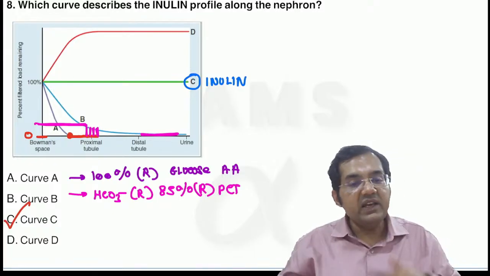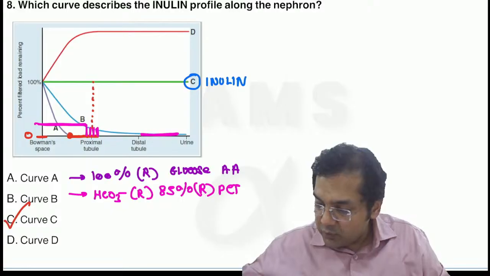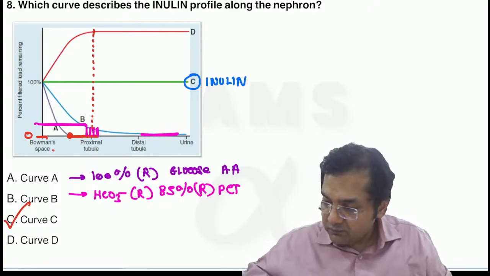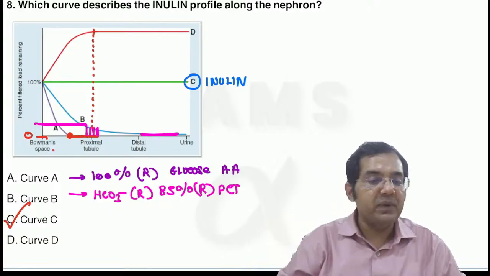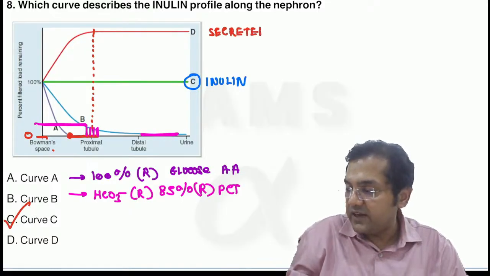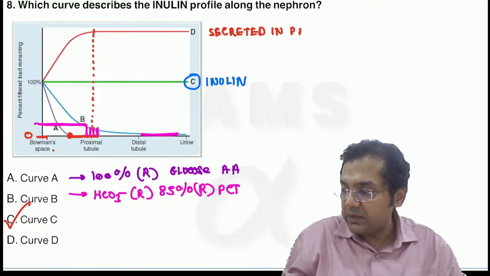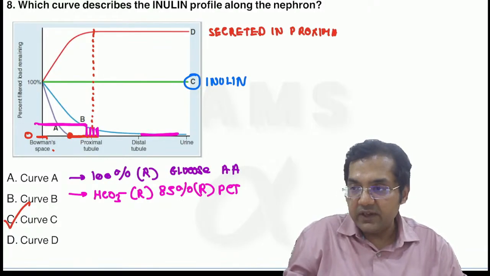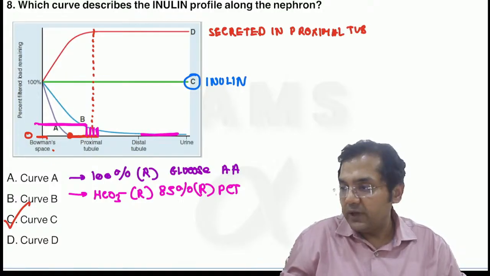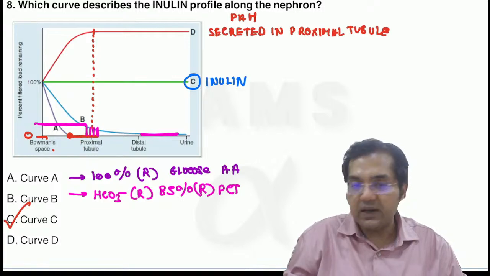D is anything which in the proximal tubule becomes more than in the Bowman space. That means D is the one which has been secreted. And generally, who gets secreted in the proximal tubule? The answer is PAH. So in the proximal tubule, we have the secretion of para-aminohippuric acid.